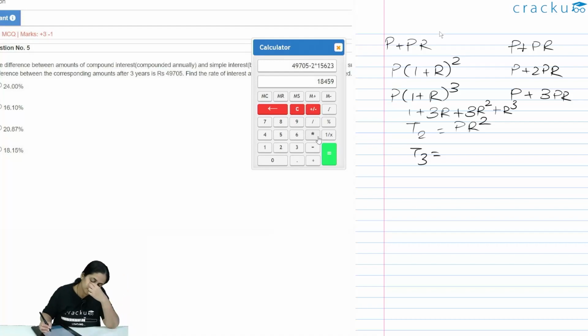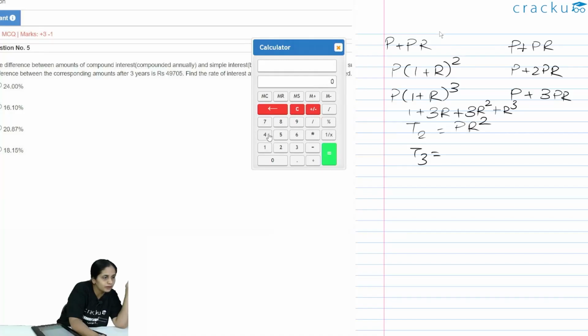Yeah, so the difference between them would be 3PR plus... yeah, sorry, I made a mistake there. I should use 49705 minus 3 times 15623.